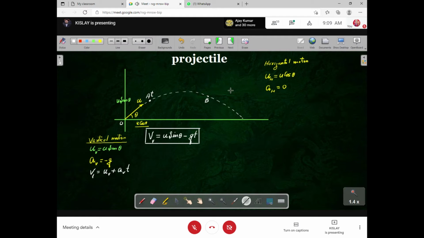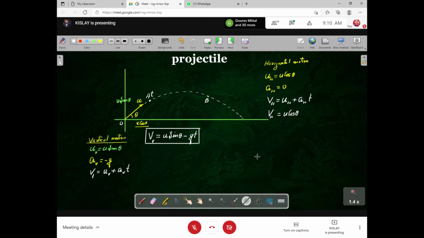At the same time, if we want to find the horizontal velocity, we have to do the same thing: U plus AT, U horizontal plus A horizontal into T. And here A horizontal is 0. So V horizontal remains the same, independent of time.